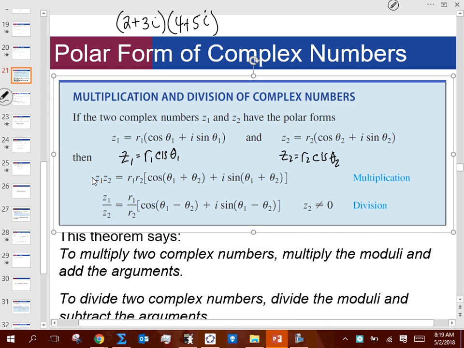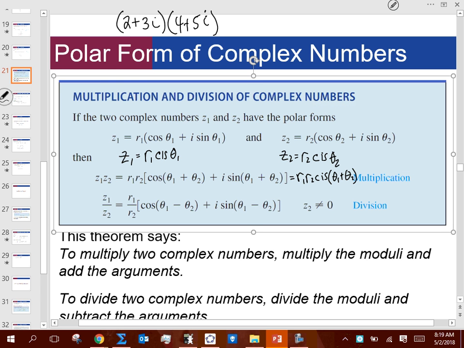Then if I want to multiply z1 and z2, all I have to do is multiply the radiuses, or the moduli, and then I have my cis, cosine plus i sine, but we add the thetas together. That might also look like r1 r2 cis of theta 1 plus theta 2. Those are equivalent notations as well.